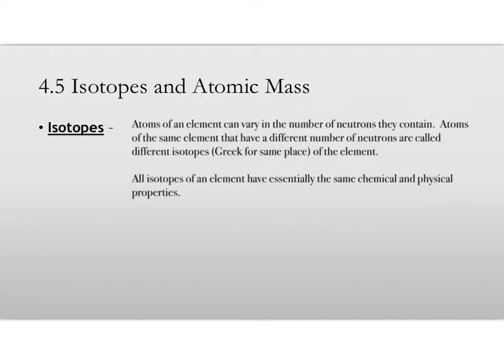Isotopes are multiple different atoms of a particular element that each have a unique or different number of neutrons. Like hydrogen has H1, there's H2, and there's H3.